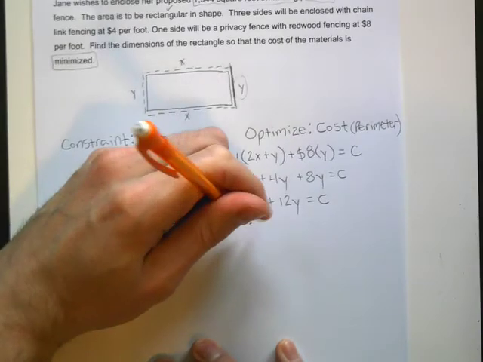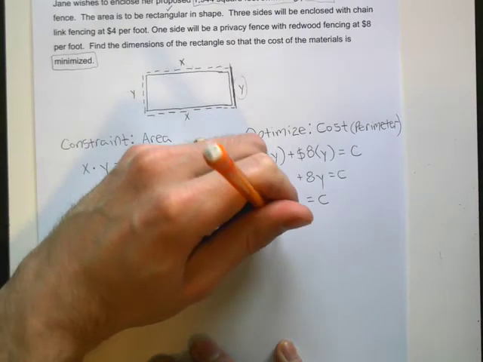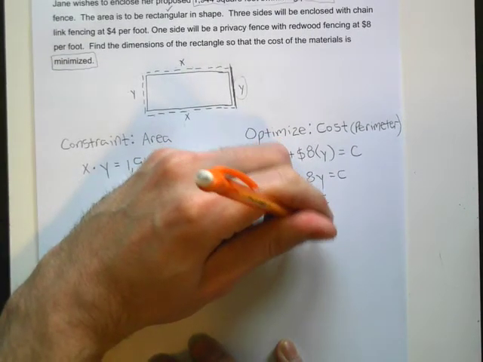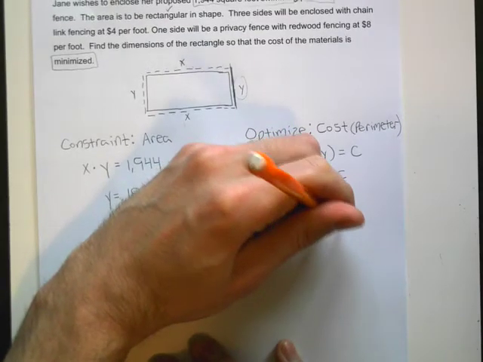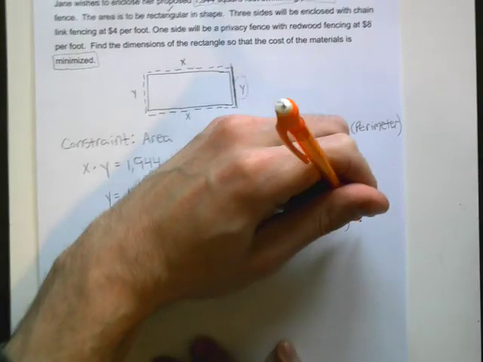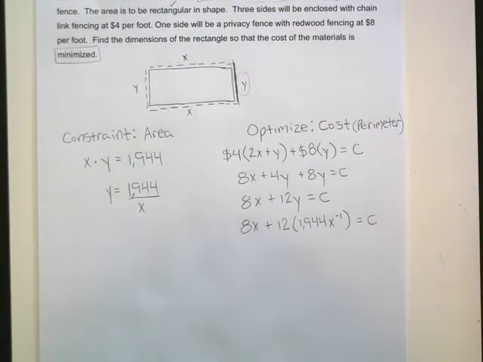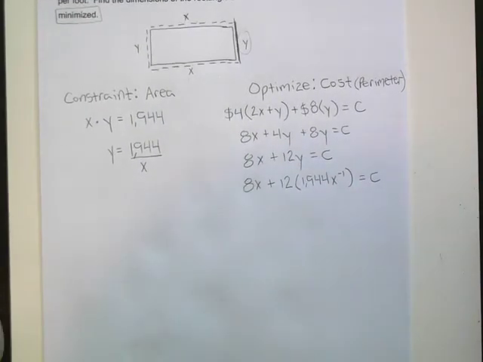Let's make it all in terms of x here. This is going to be 12 parentheses, and I'm going to write 1944, and I'm going to change that 1 over x to x to the -1. We all know that's going to help us when we start taking derivatives, and that's going to be equal to my cost.